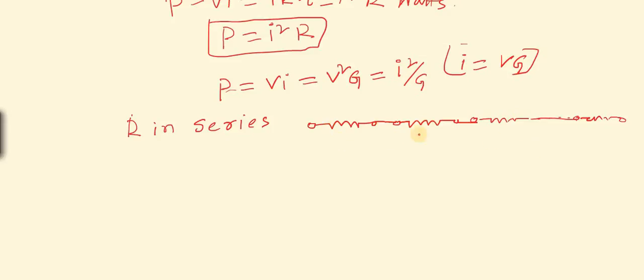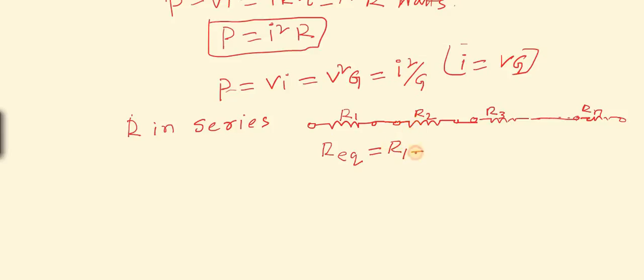And this is the series connection of resistance, and the values of resistance are R1, R2, R3, and so on, Rn. If this is the case, then equivalent resistance in series connection will be the sum of all the individual resistances.